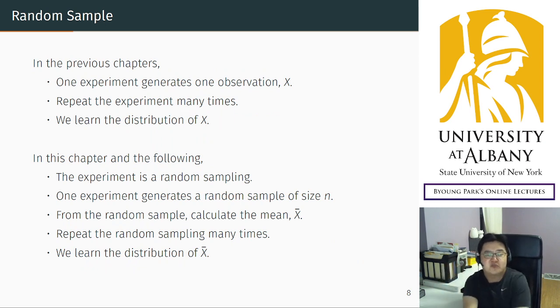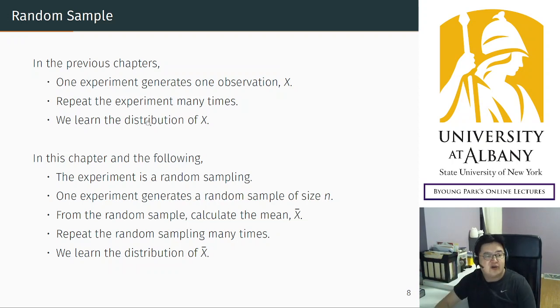The key distinction from the previous chapters is that one experiment is not actually one experiment here. In this chapter, from now on, one experiment is observing a lot of observations, observing data, right? It is called random sampling.